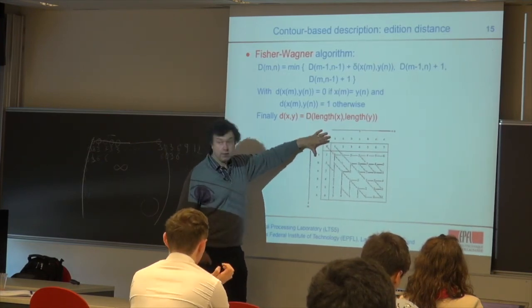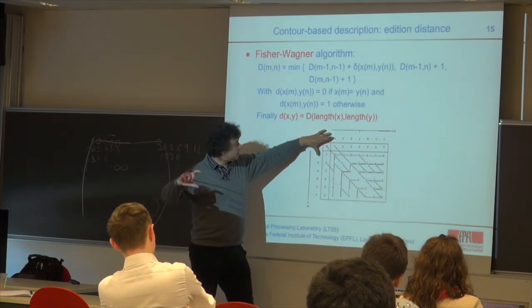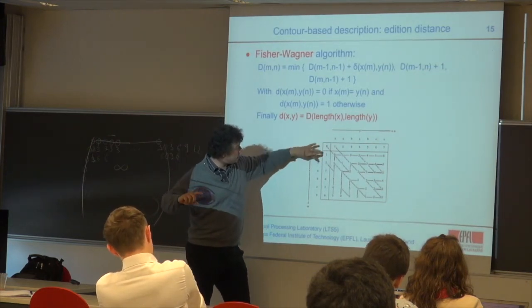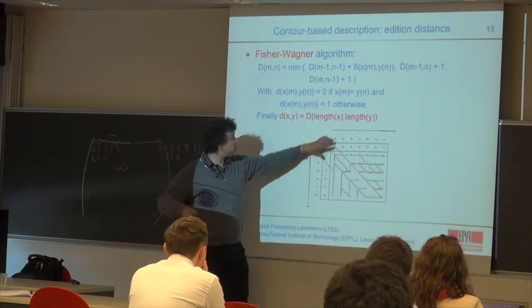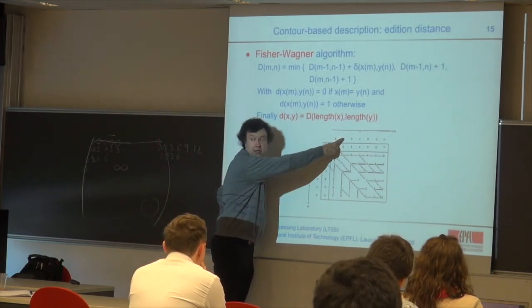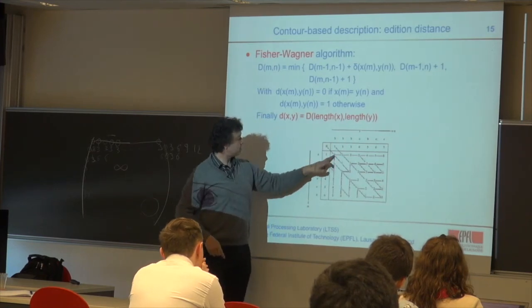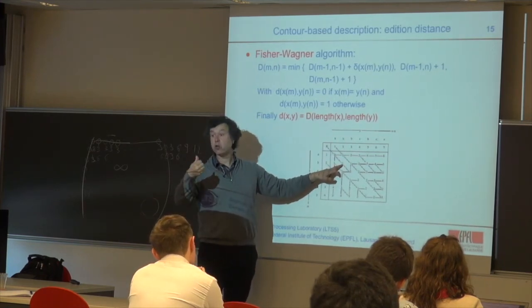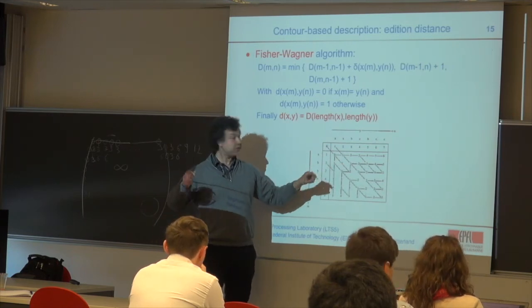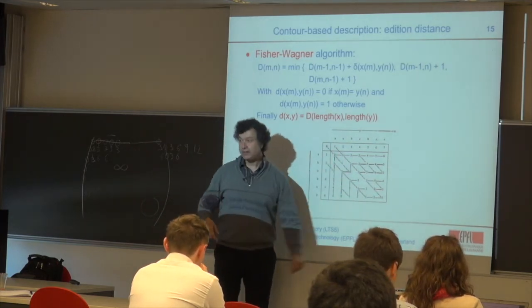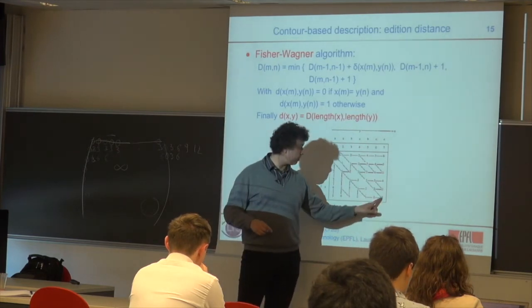And then there is also the last character of each string, but here they are not the same. So I have 1 additional operation, which is to convert the B into an A. So it's 0 because of that, plus 1 because of the conversion. And you keep doing that. 3 possibilities for each. And at the end, you read the minimum number of operations here.